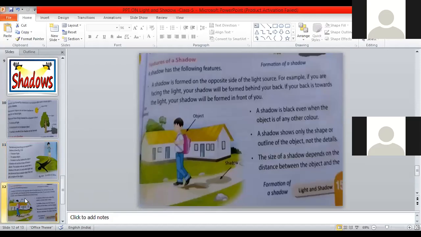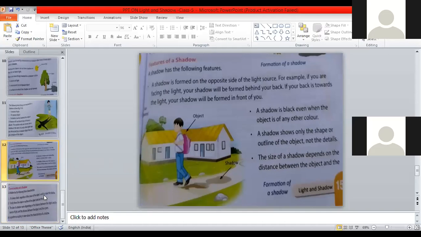And what are the characteristics of a shadow? A shadow is black even when the object is of any other color. A shadow shows only the shape or outline of the object, not the details of the object. The size of the shadow depends upon the distance between the object and the source of light. So these are the characteristics of a shadow.